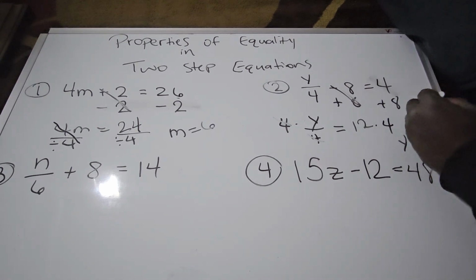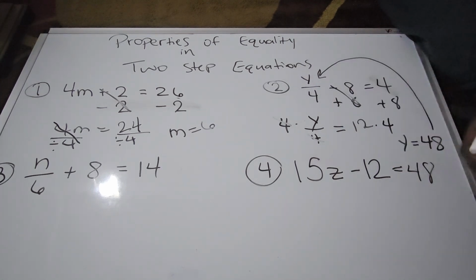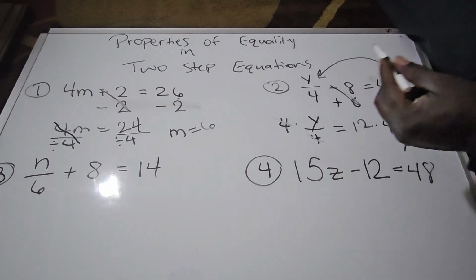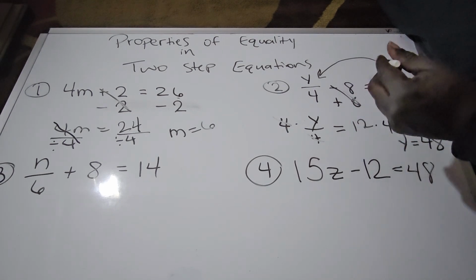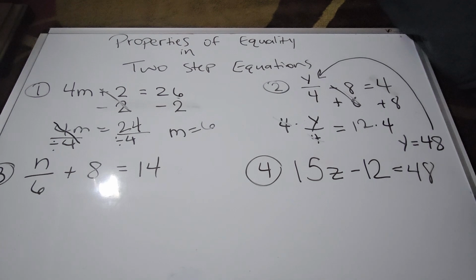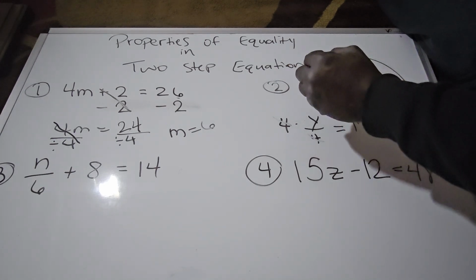Now again, we can plug in this 48 where the y is to see if it's true. 48 divided by 4 is 12. Then 12 minus 8 equals 4. So again, the first step, the main thing is you're either going to have to add or subtract first on both sides to get wherever the variable is by itself.